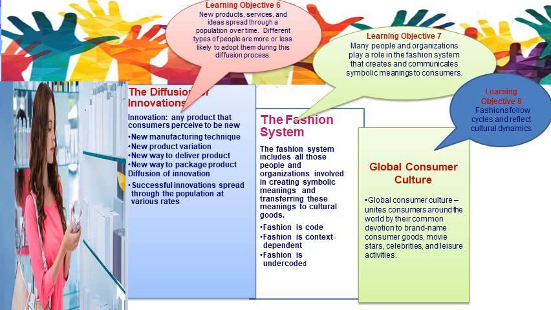Learning objective 7. Many people and organizations play a role in the fashion system that creates and communicates symbolic meaning of consumer goods. The fashion system includes all those people and organizations involved in creating symbolic meaning and transferring these meanings to cultural goods.